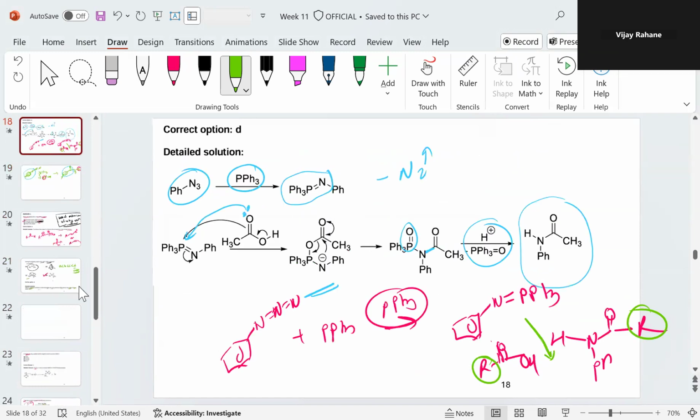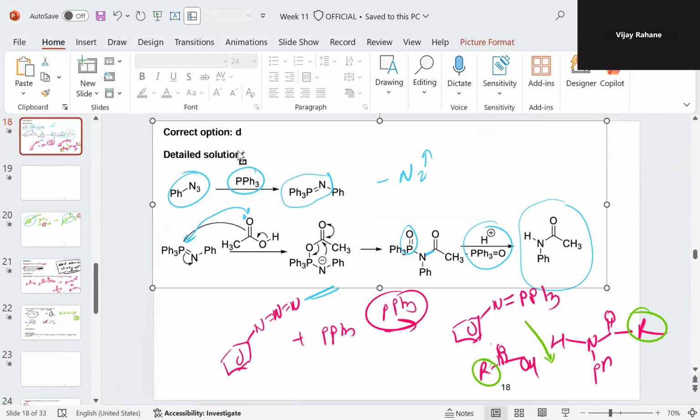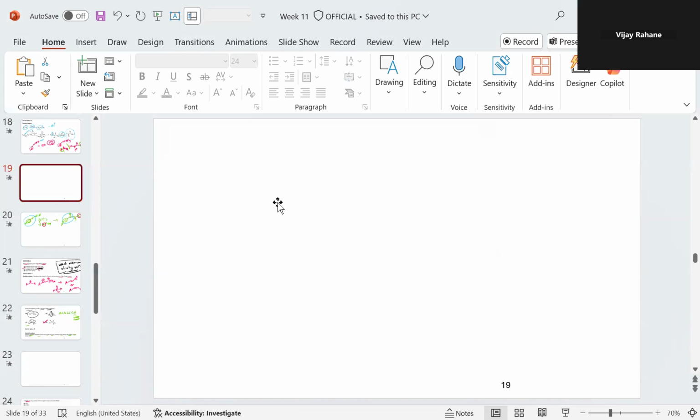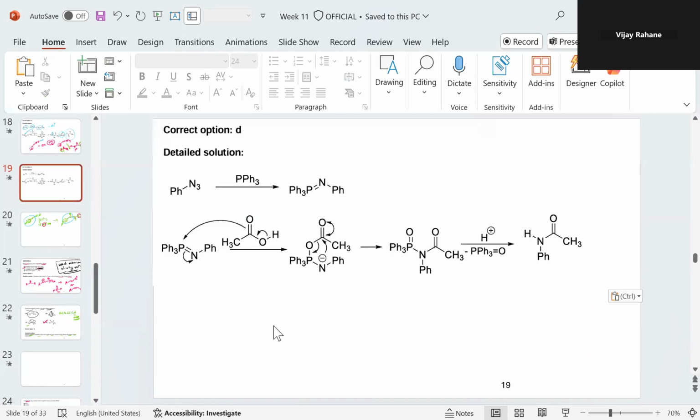Yes, sir. Right. So up to here is okay. I will just take a new slide. In this question, we have the reagent PPh3, N=N, with this one negatively charged and this one positively charged. Whatever the nucleophile here, the nucleophile is the acid itself. But if you add water, that's your question, right?